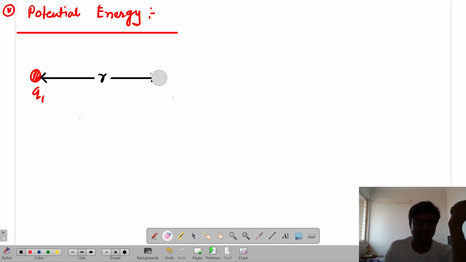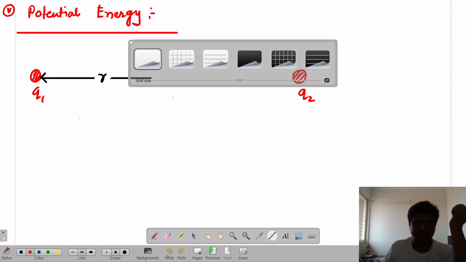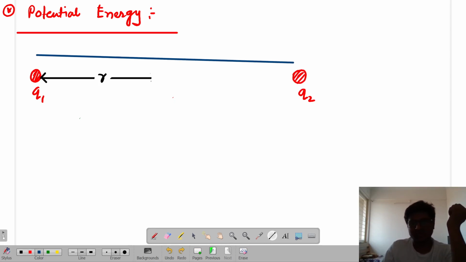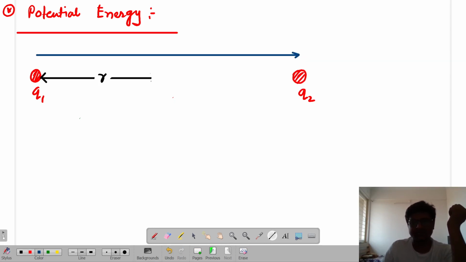Let's suppose this charge Q2 was present over here, somewhere far, which is located at distance R initial. Are you able to get me or not?